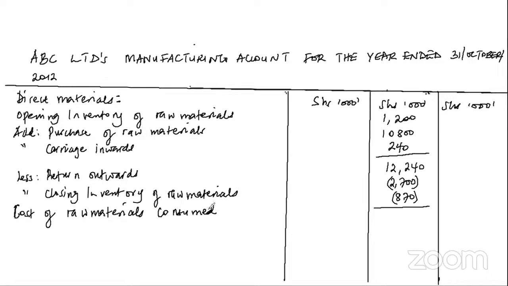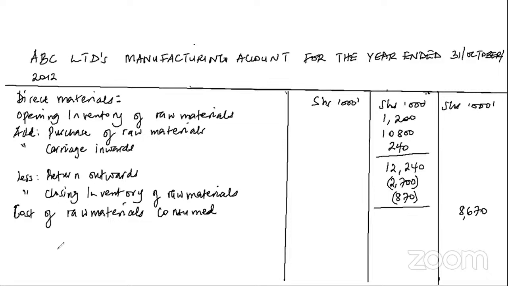When we do the mathematics, we come up with 8,670. That's our cost of raw materials consumed.